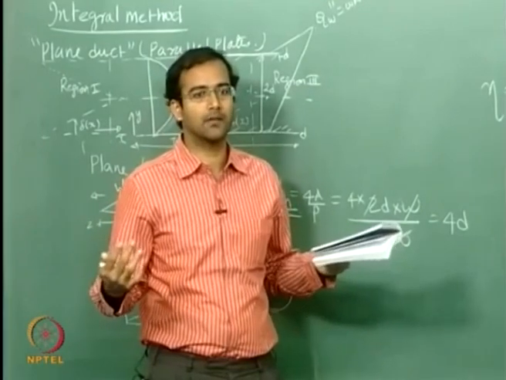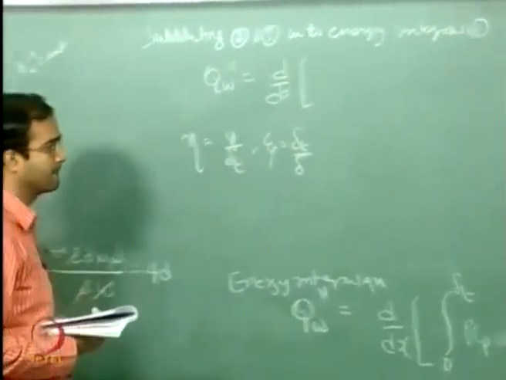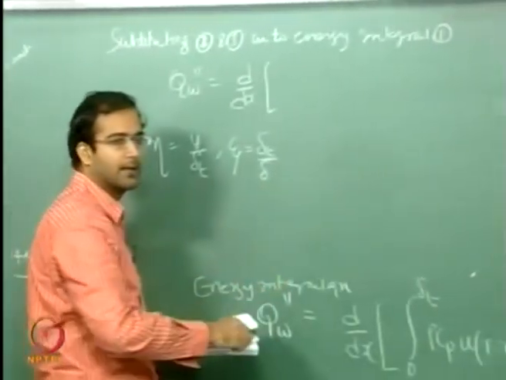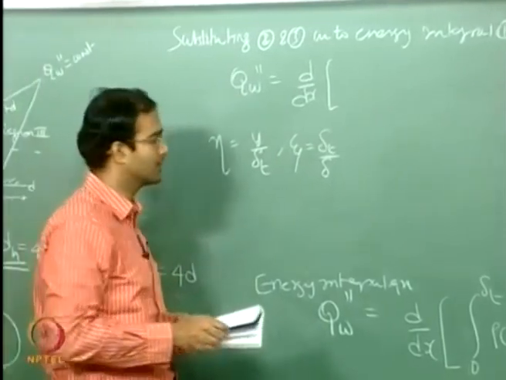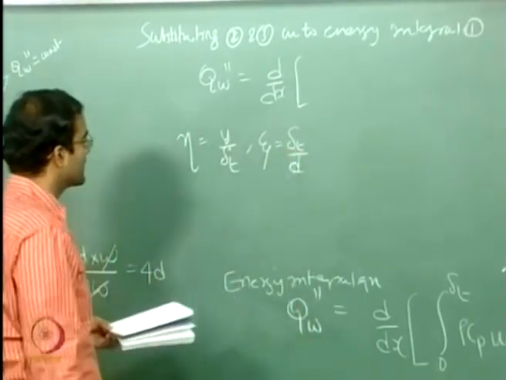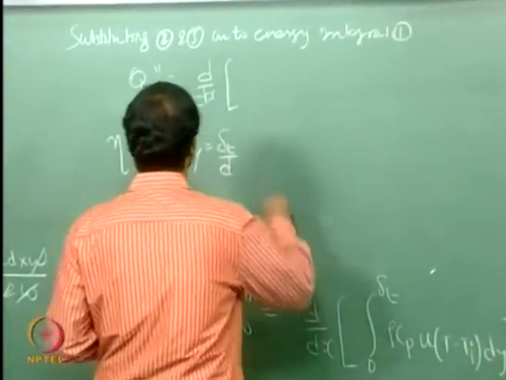So rather than delta, what we should use? D. Okay, you look at the profile, it is y by d, whereas in the external flow it is y by delta. So there this will be replaced by d. These are the 2 non-dimensional variables.